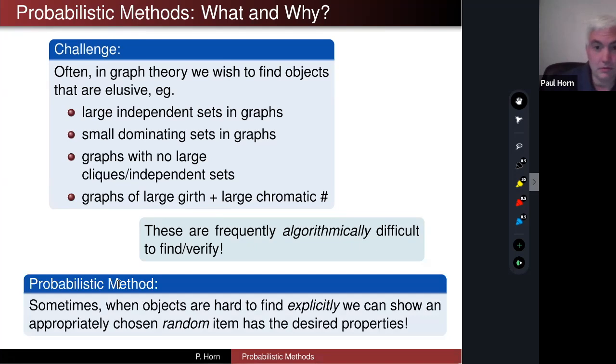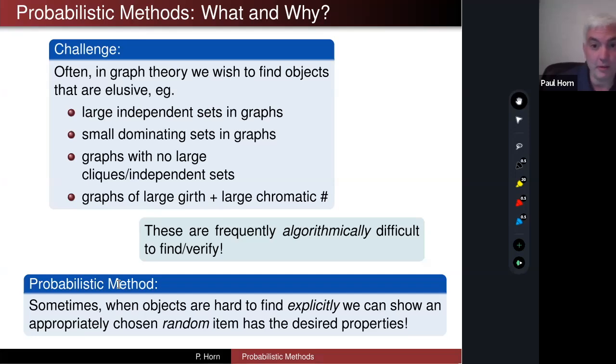And so the probabilistic method gives us a way of both estimating parameters of graphs and also a way of constructing graphs with perhaps these surprising properties.